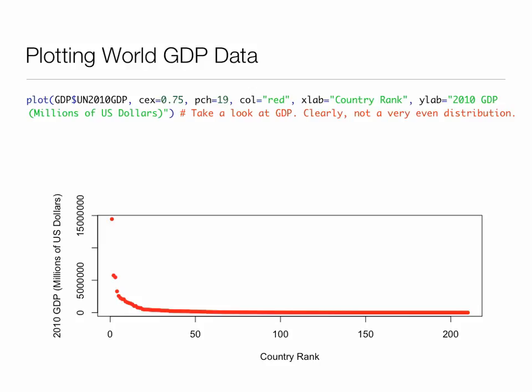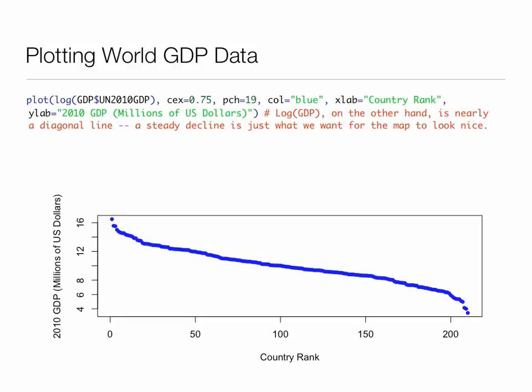Now, by comparison, if we take a look at the log of GDP, all the rest of the command is the same except I've changed the color from red to blue, and in the plot command we're plotting log of GDP rather than GDP. And what we see is that it actually looks a lot more like a straight line, okay?